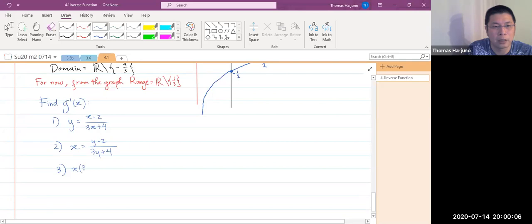Multiply by the LCD. Isolate the y. Factor the y.